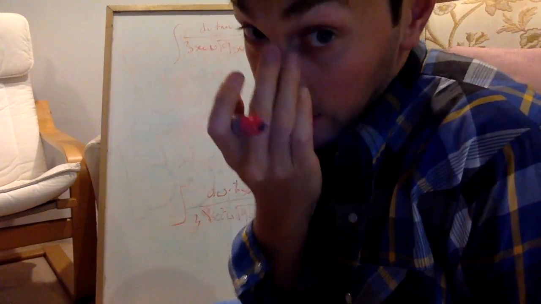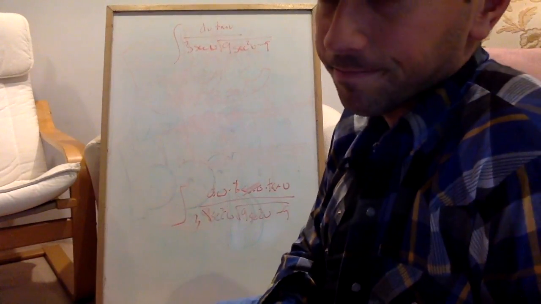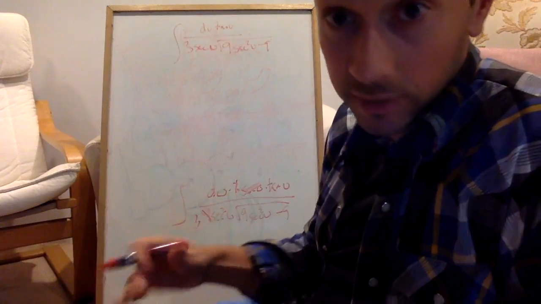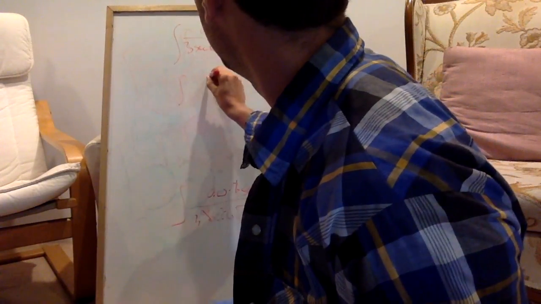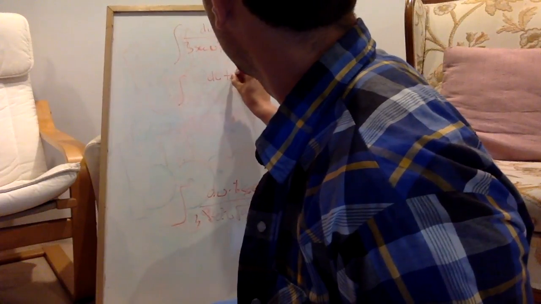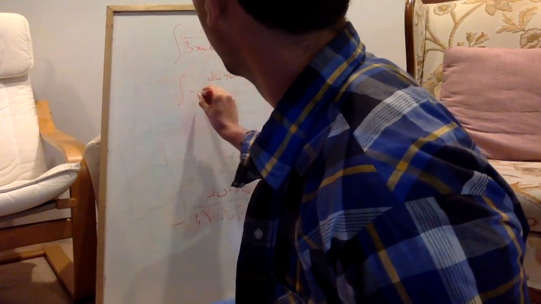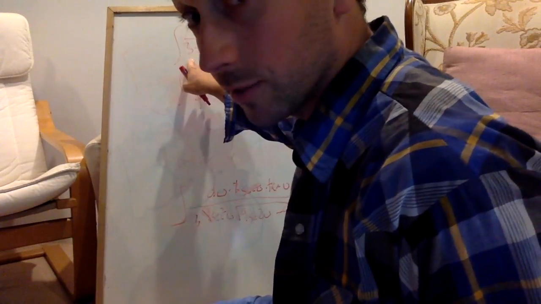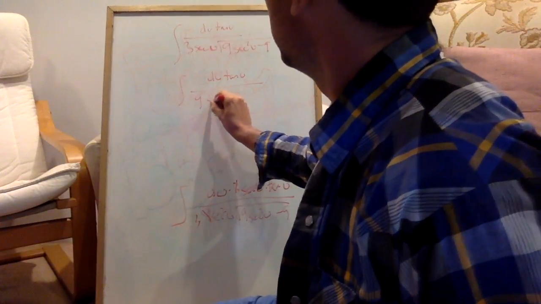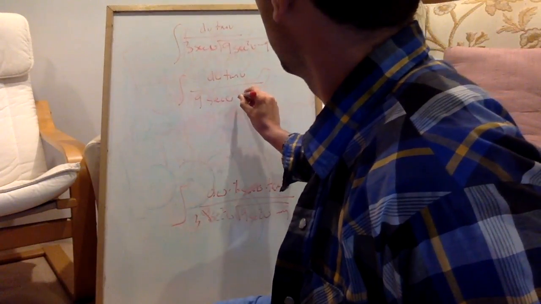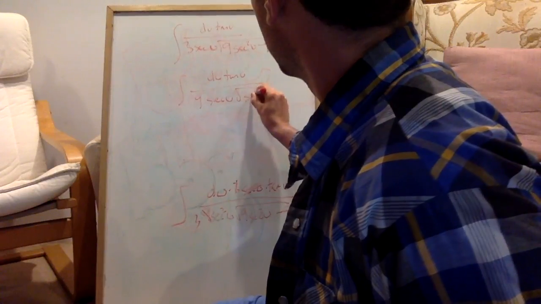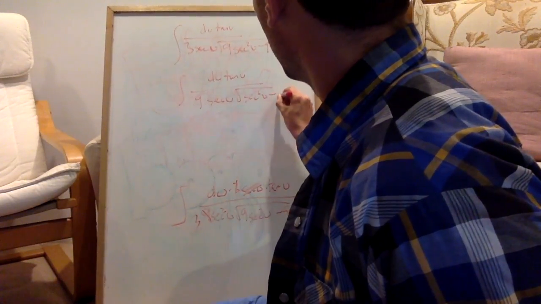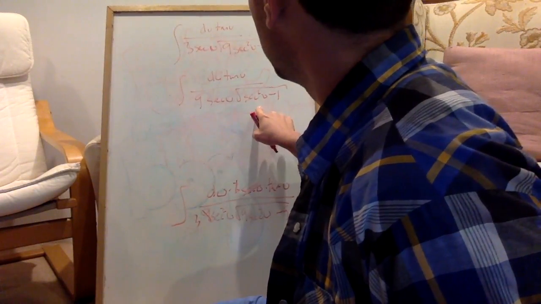So here I need to substitute out the 9, and it's going to come out of the root sign and become 3. So it'll be du tan u over 9, 3 times 3 is 9, secant u root secant squared u minus 1. This is my trig substitution.